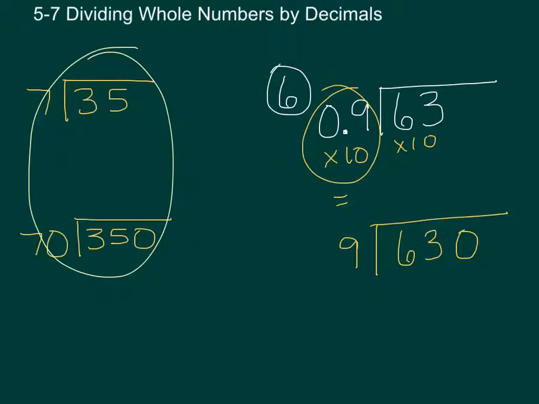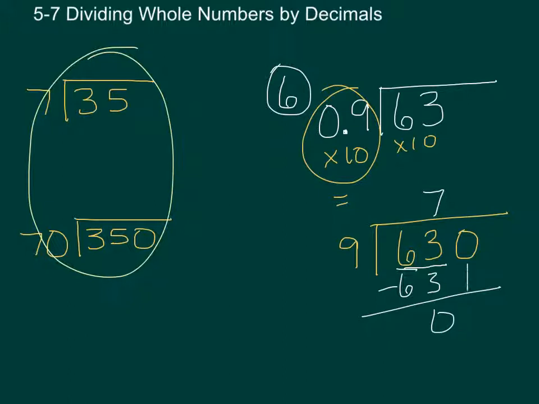From here, everything is pretty straightforward. We've seen this kind of problem many times. You can go with expanded notation. I'm going to go with the old school, traditional shortcut this particular time. I cannot create groups of 9 out of 6, but out of 63, I can create 7 groups of 9.